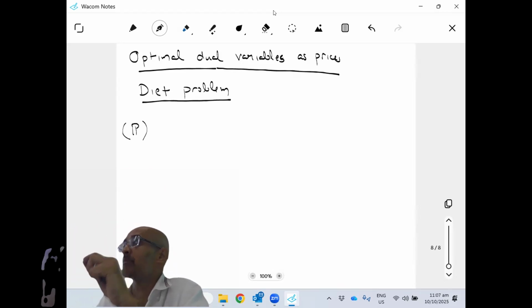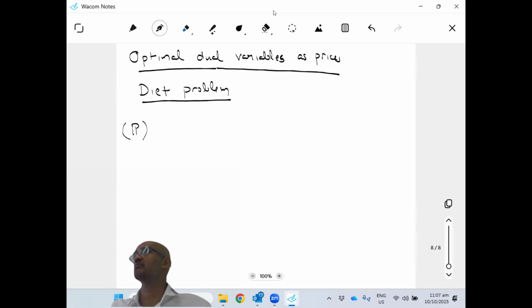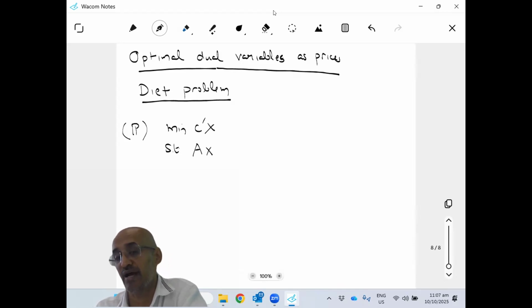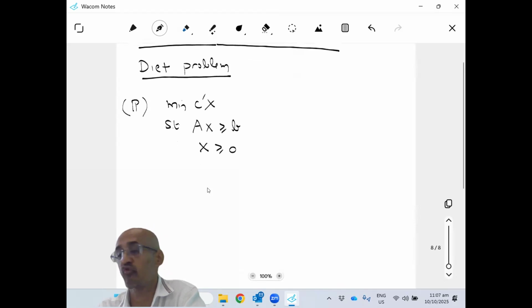Each of these gives you some amount of protein, vitamins, carbohydrates, minerals, fat, whatever. So you are trying to create a diet at minimum cost, so that the total amount of nutrients you get from the diet at least matches your daily requirements for each nutrient, and you're identifying how much of each item of food to eat.